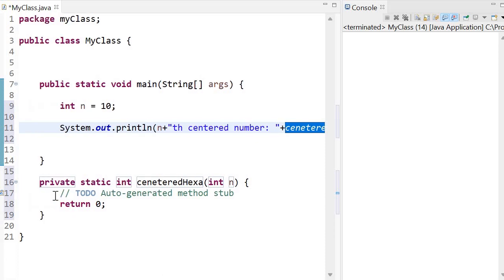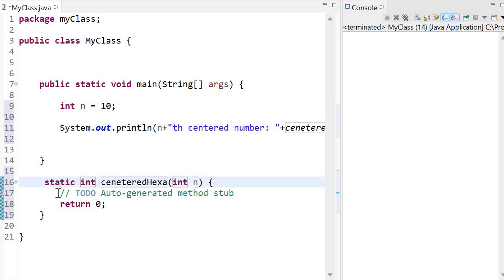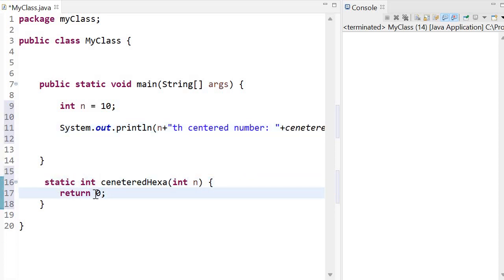No need for keeping it private. And I should ask it to return, what was the formula? 3 into n into n minus 1 plus 1. Very simple it is.